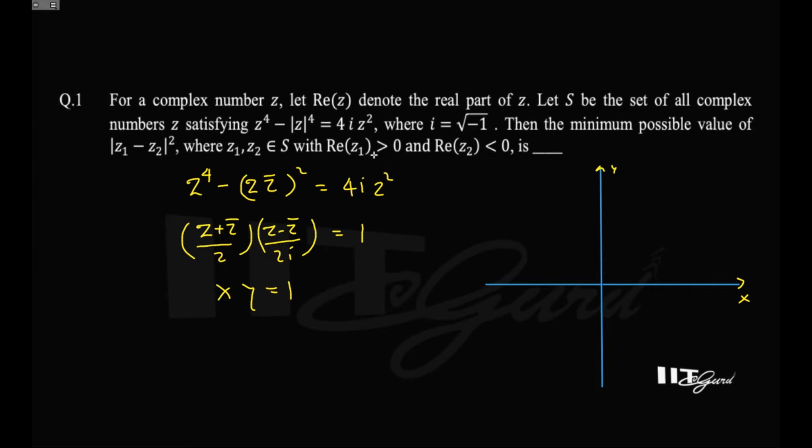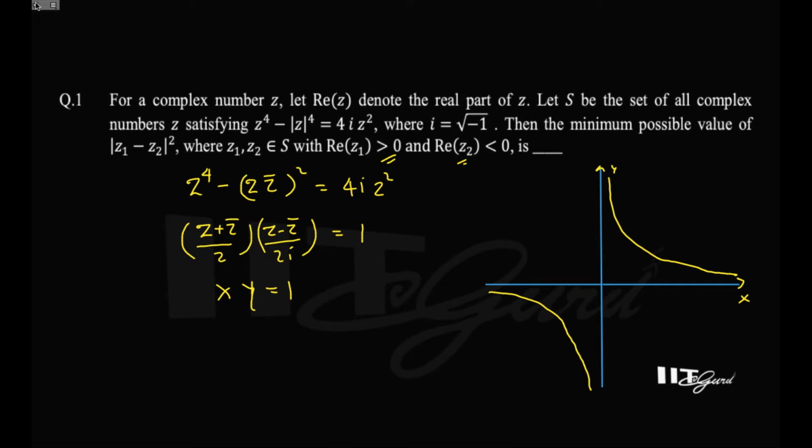If x1 is considered positive, and here we consider xy becomes 1. So for the real part of z1, that is x1 is positive and x2 is negative. So it means it lies in either the first or third quadrant. So the graph of the rectangular hyperbola is like this one. So we have to consider a point over here, any point.